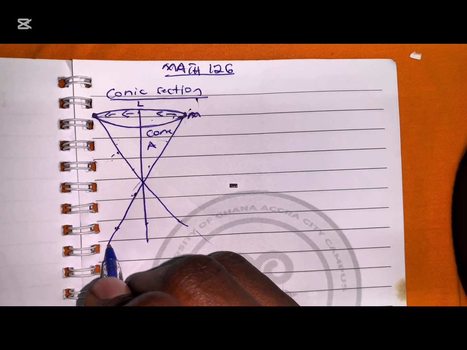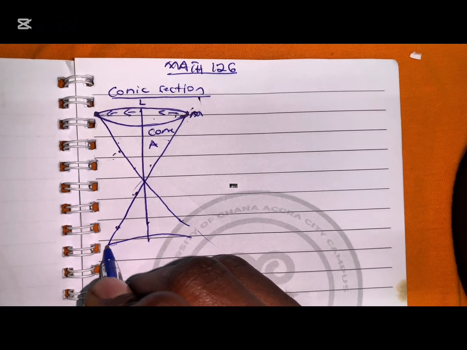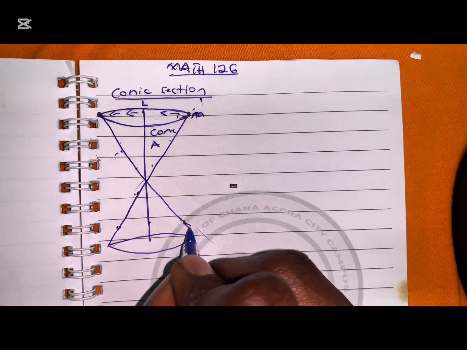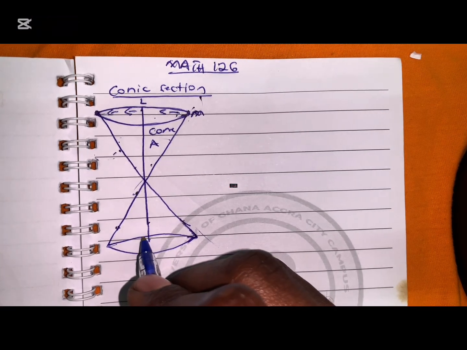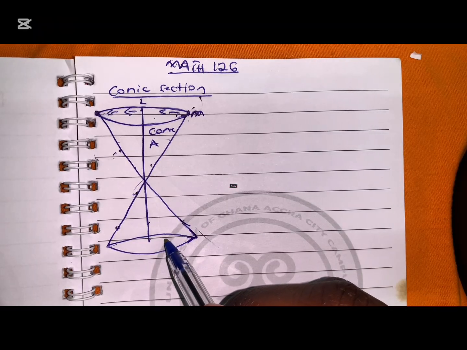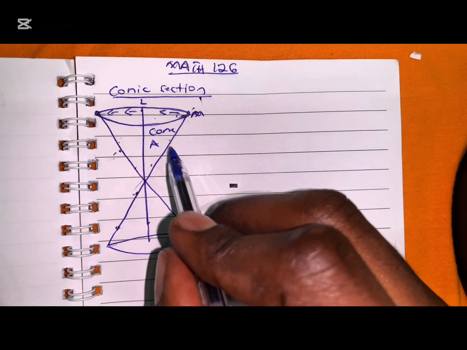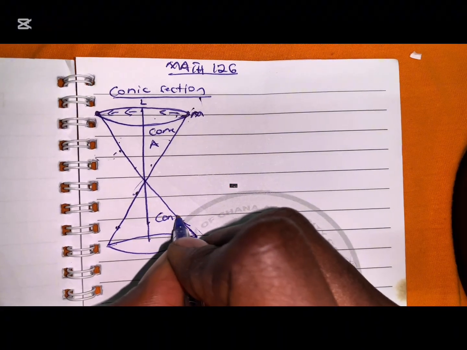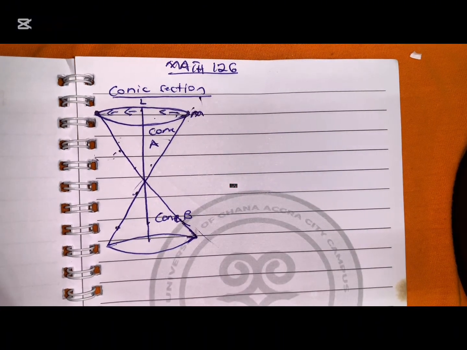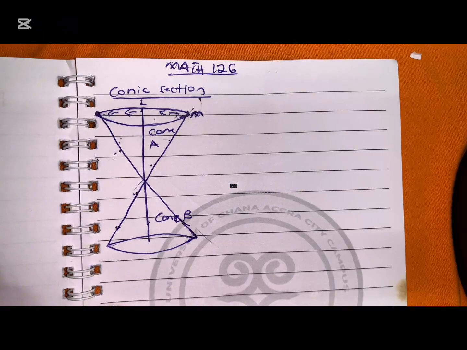So you get two cones formed: one cone at the base and another cone at the top. Let's say this one is cone B. Good.